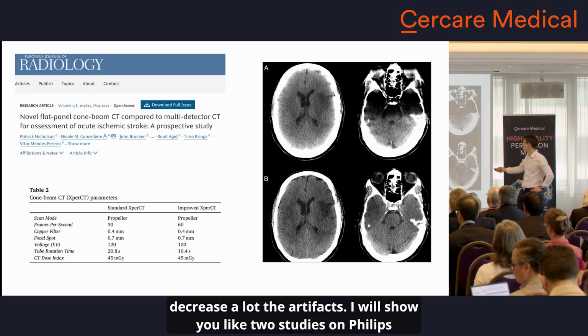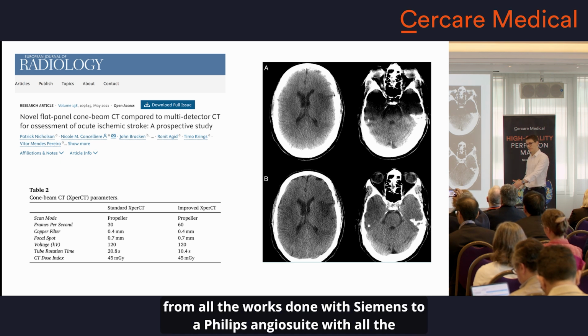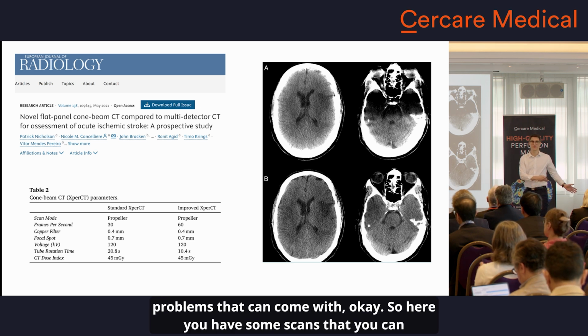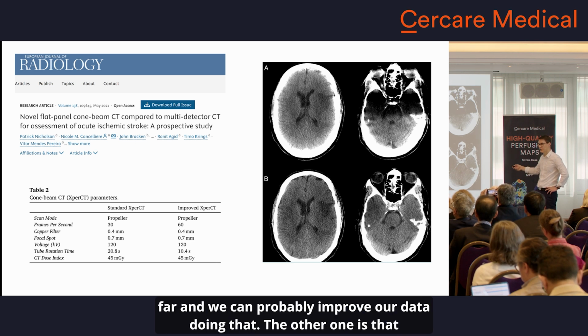I will show you two studies on Philips and Angiosuite, because what you have to understand is we are shifting from all the work done with Siemens to a Philips Angiosuite with all the problems that can come with it. Okay. Here you have some scans that you can improve just by moving your parameters a little bit. We haven't done this so far, and we can probably improve our data by doing that.